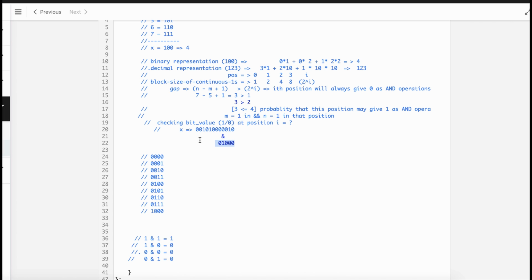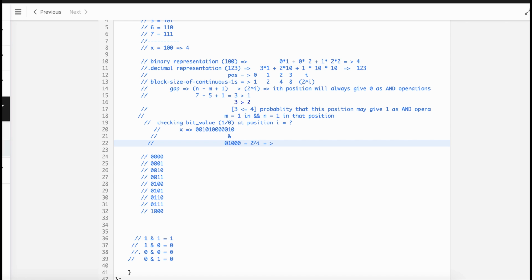And now how will we generate this value in order to check? If we want to check at the ith position, we have to generate this value. This value is basically equal to 2 to the power i. So if we are interested in position 0, 1, 2, 3, this is actually 2 to the power i.